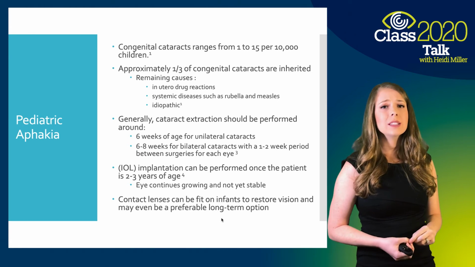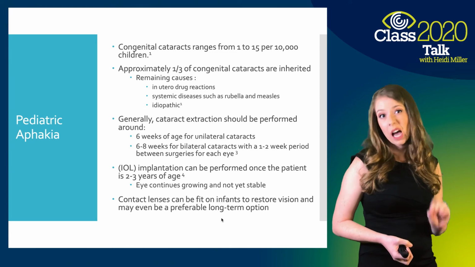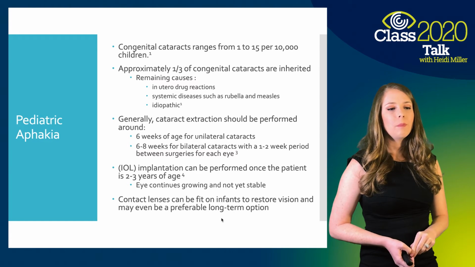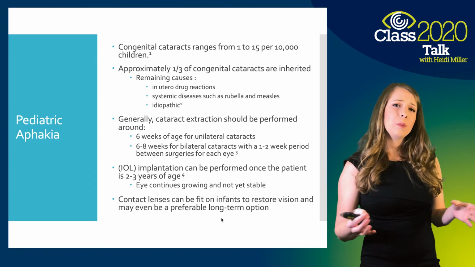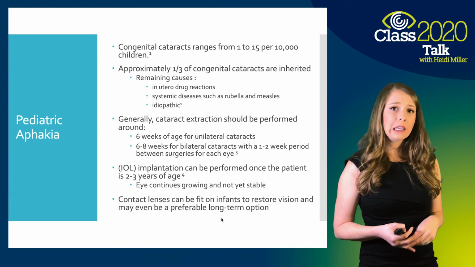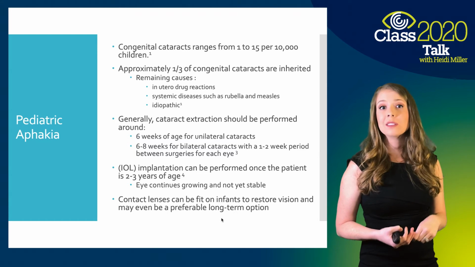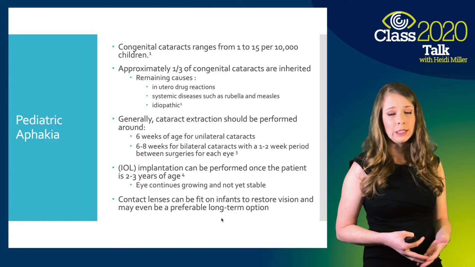IOL implantation is not usually put in until around 2 or 3 years old at the youngest, because the eyes continually grow and the eye's not stable, and if we're putting an IOL in a small infant's eye, you're only increasing the risk of other complications, especially glaucoma. So usually the youngest they'll want to do is around 2 to 3 years old.